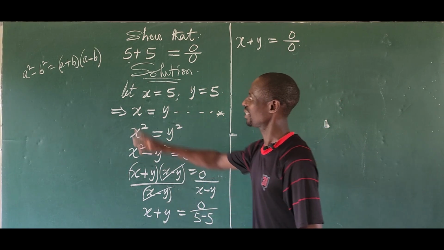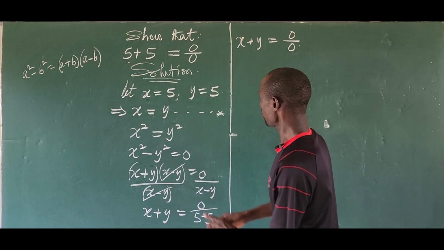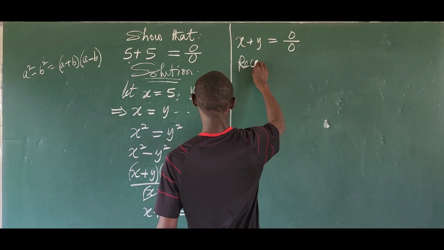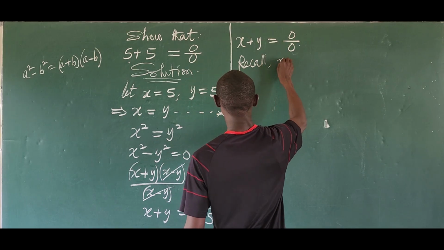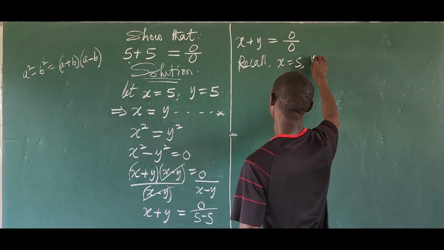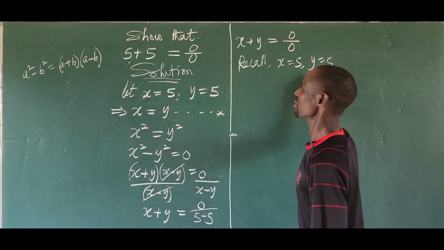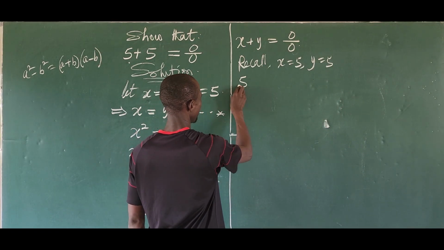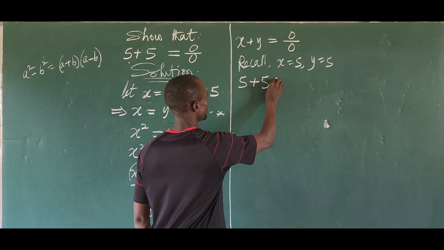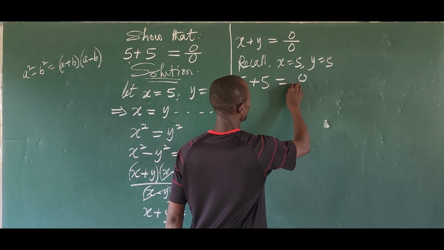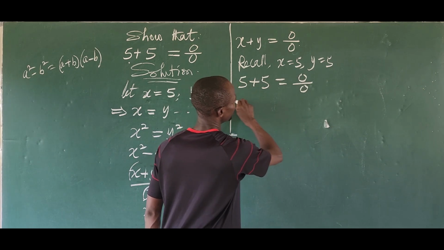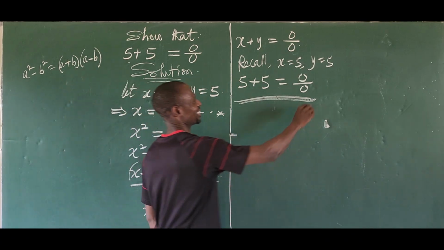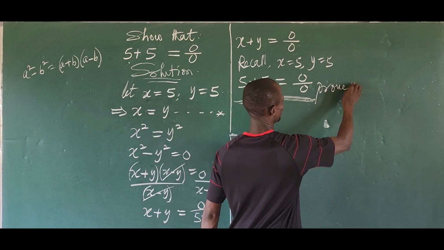Recall that x is equal to 5 and y is equal to 5 also. So let's replace that back into the equation. This is going to give us 5 plus 5 is equal to 0 all over 0. This is what we are asked to prove. So this is proved.